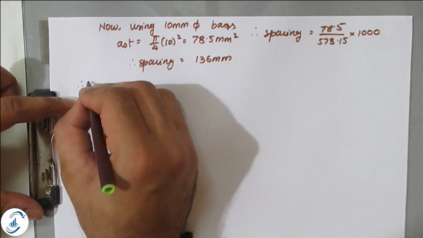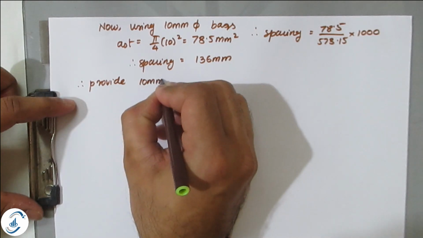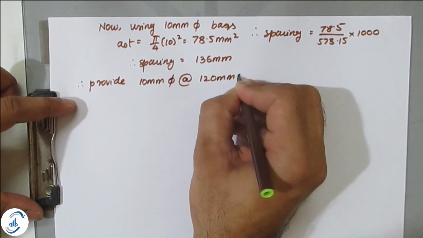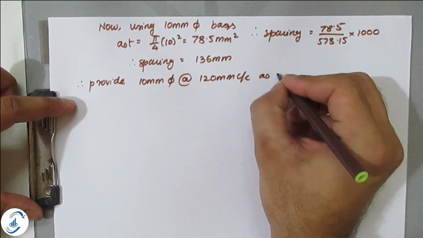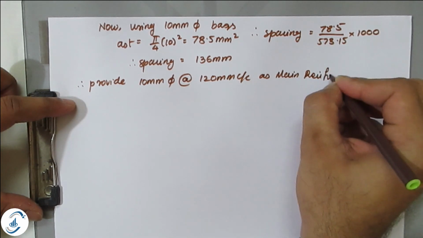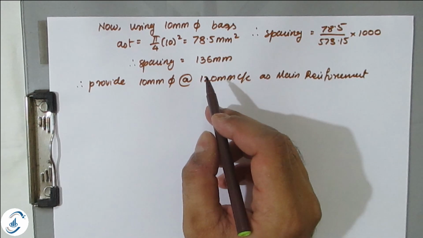Therefore, provide 10 mm bars at 120 mm center to center as main reinforcement. We will not provide 136 exactly.